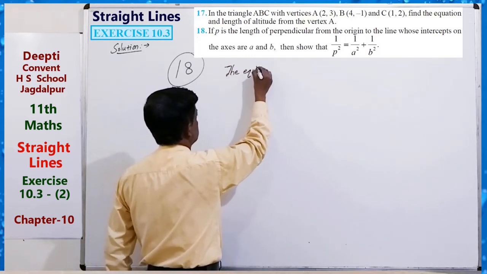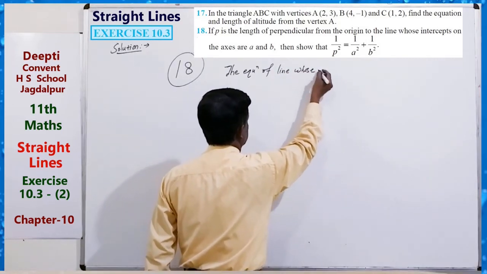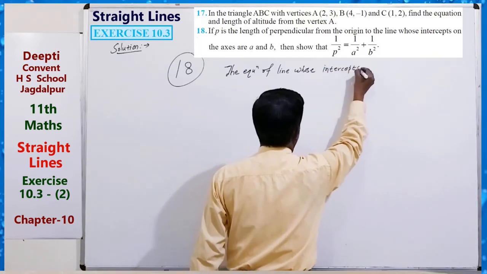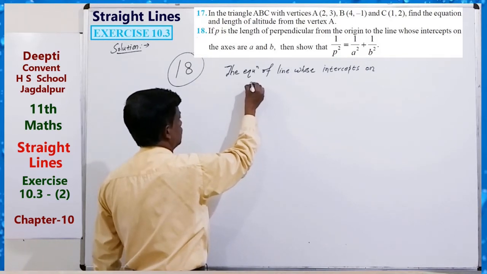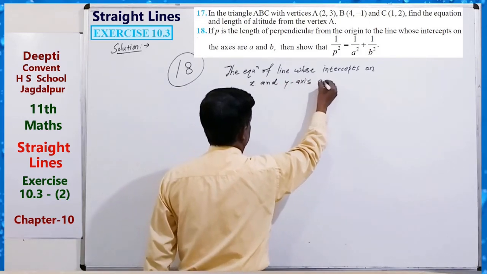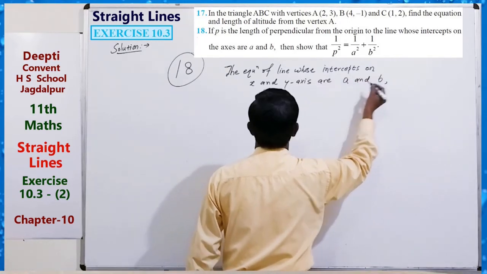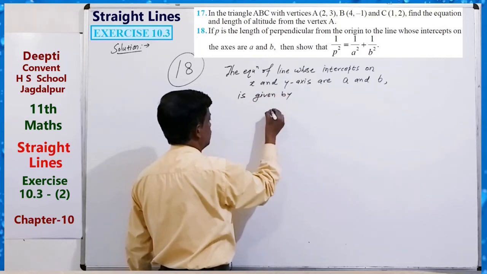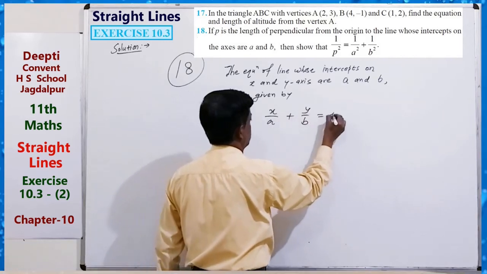The equation of the line whose intercepts on the x and y axes are a and b is given by x by a plus y by b equals 1.